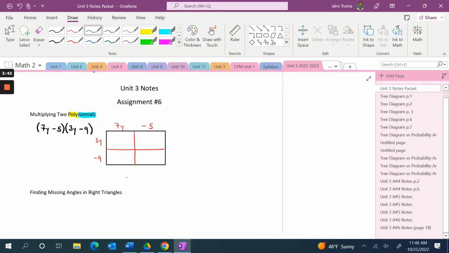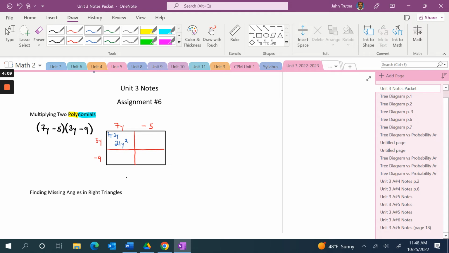And then the idea is I'm going to fill in each individual rectangle by always multiplying the top of the rectangle with the side of the rectangle. So in other words, this one, I'm going to multiply the 7y with the 3y, and whatever that result is, I'm going to write that inside the rectangle. 21y to the second power in this case.